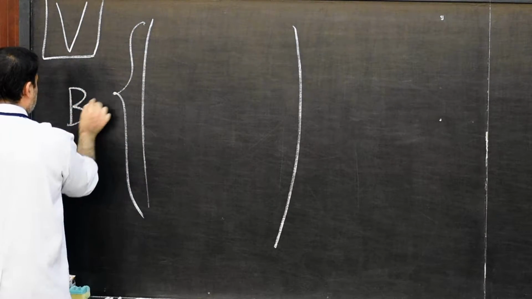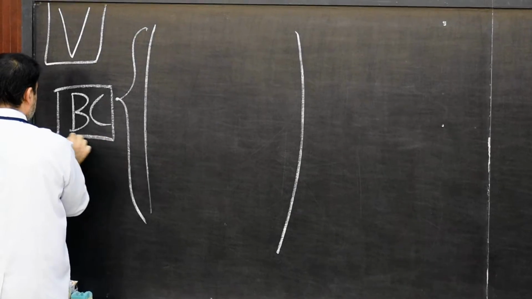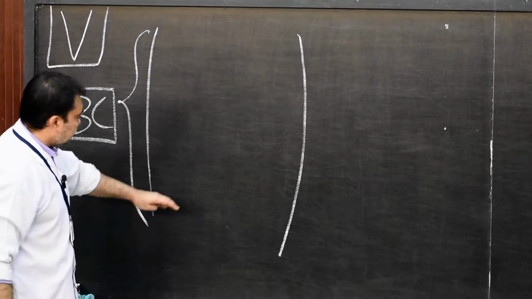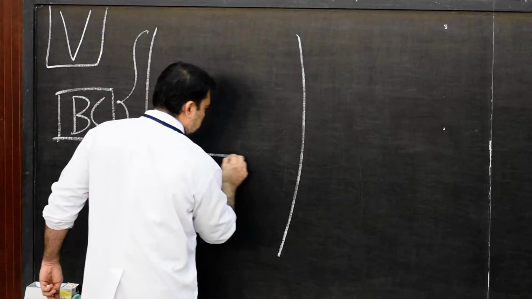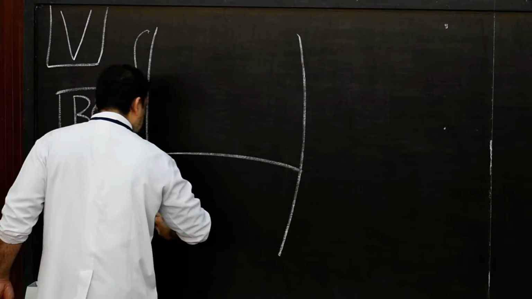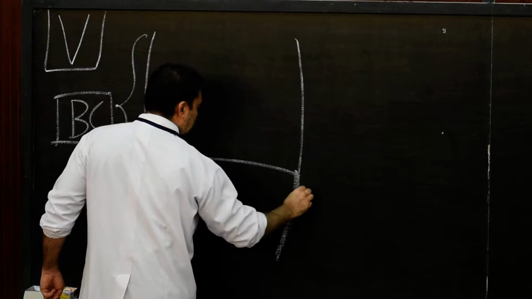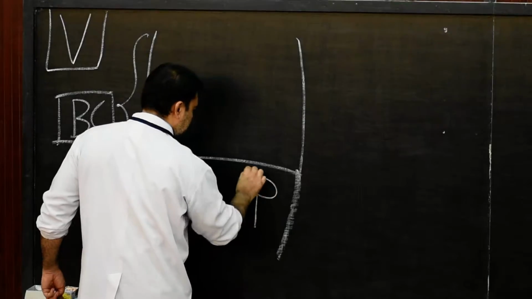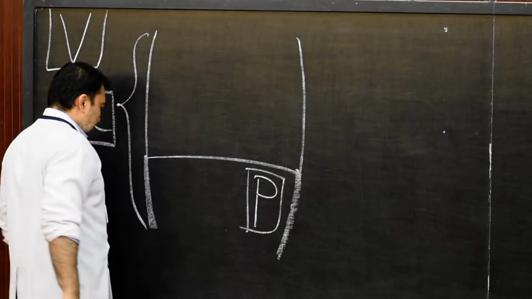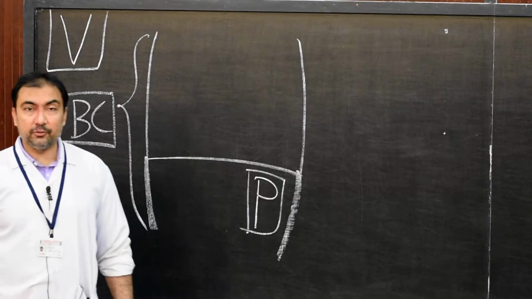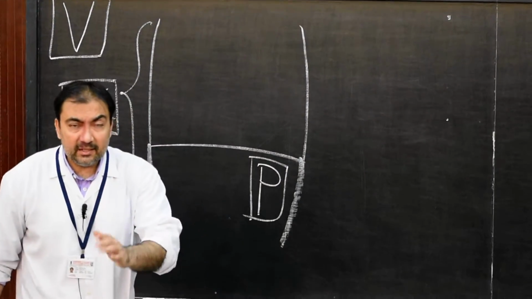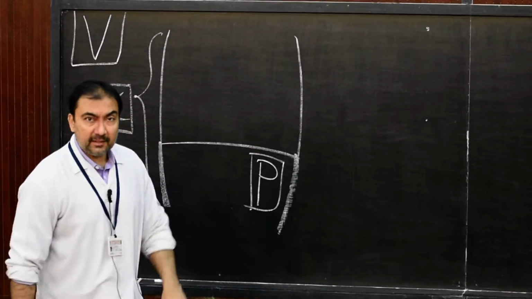So therefore, as we have discussed earlier also, the proximal portion of bulbous cordis will develop into the trabeculated inflow of right ventricle.